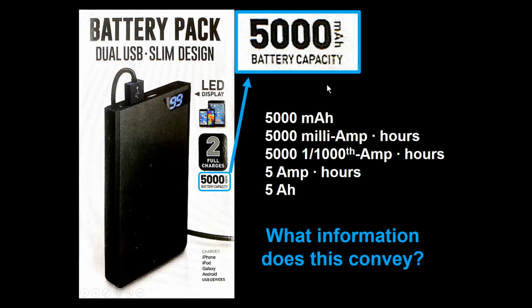Now, when we have batteries, and they indicate what the capacity of the battery is, that was 5,000 mAh. That's milliamp hours. And it's kind of funny here, 5,000 milliamp hours. A milliamp is a thousandth of an amp.